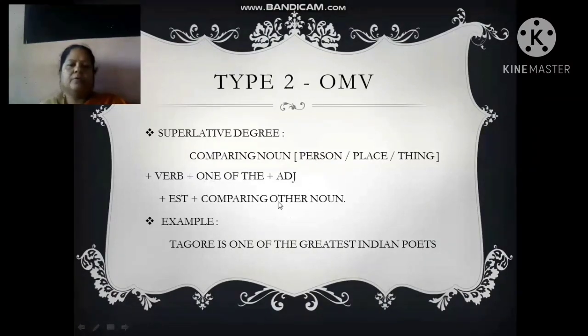Comparing noun: to whom you are comparing, Tagore. Next, verb is one of the. Next, adjective is great, est is the superlative form. Comparing other noun is Indian poets. Is it clear, all of you?